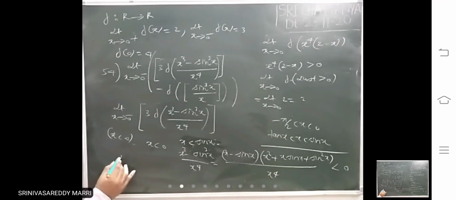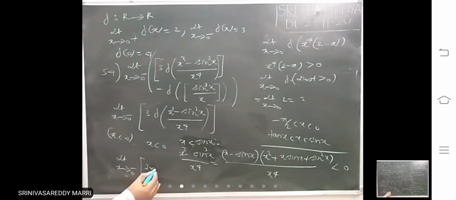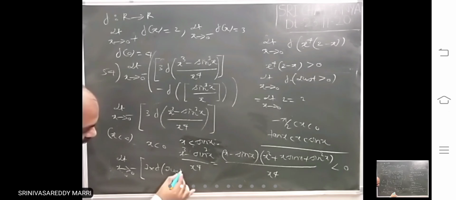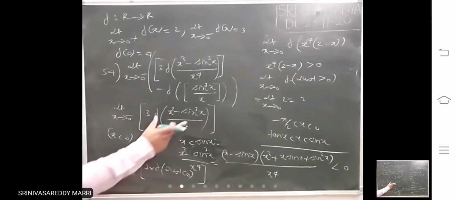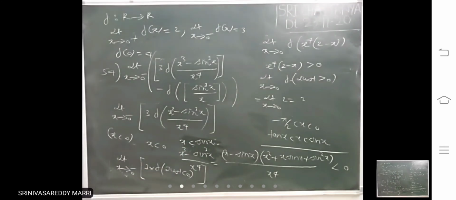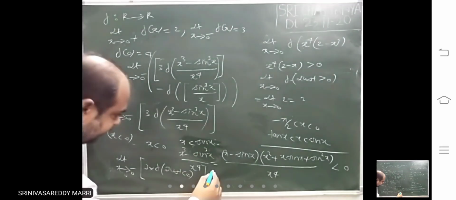I am writing limit x tends to 0 minus 3 into f of this, which is just less than 0. This is negative, no? When just less than 0, what is the value? That value is 3.